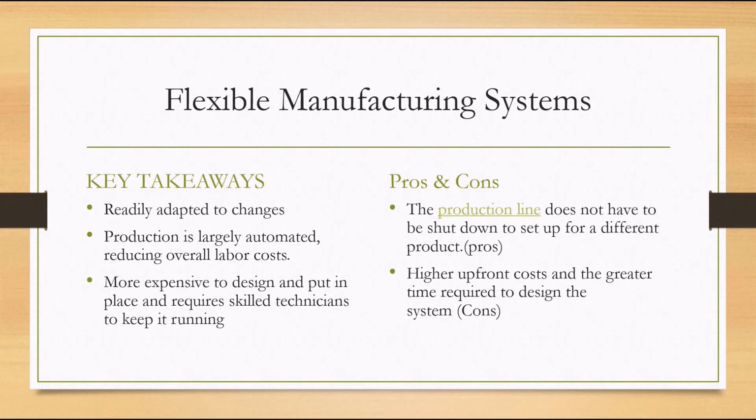If we see the disadvantages: initial setup cost is high, substantial pre-planning, requirement of skilled labor, complicated system, and maintenance is complicated. These are the basics about the flexible manufacturing system.